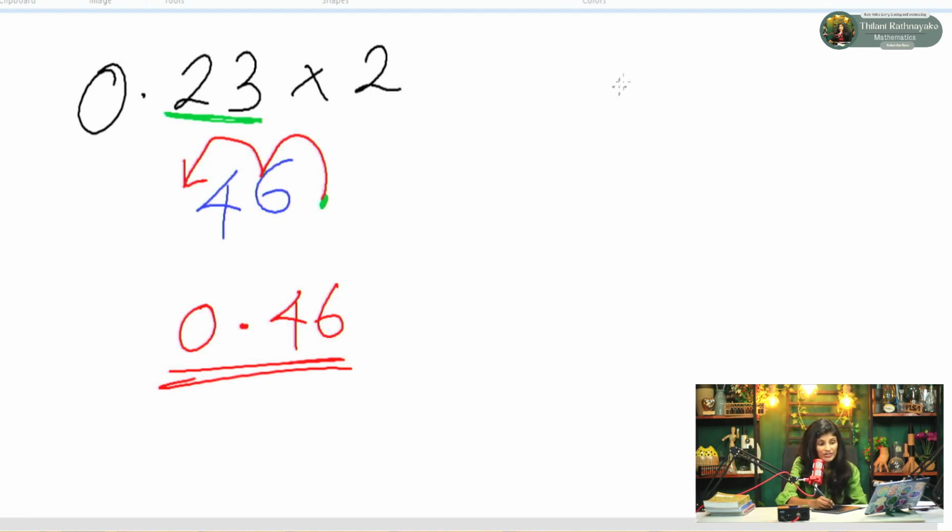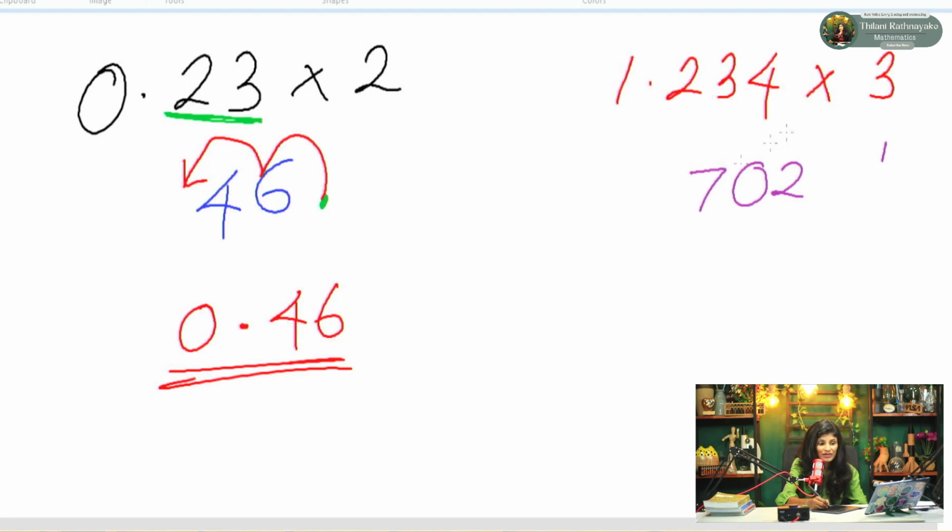Again another question. 1.234 multiplied by 3. Just forget about the decimal place and do the multiplication. 4 times 3 is 12, 1 is remaining. 3 times 3 is 9, 9 plus 1 is 10, 0, 1 is remaining. 2 times 3 is 6, 6 plus 1 is 7. 3 times 1 is 3.